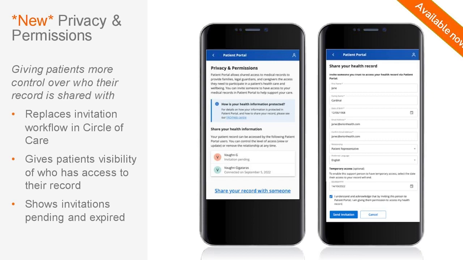So as part of the release, we've also been working on taking that invitation process that I talked about right at the start, where the clinician invites the patient, taking that out of the circle of care application and moving it into a new application which we're calling privacy and permissions. Over time, this is going to grow out to be the hub where the consumer can control everything related to who has access to their record.